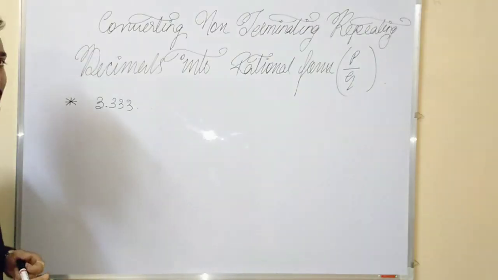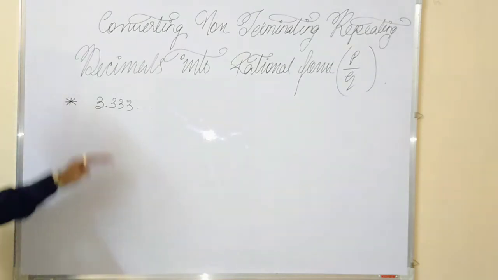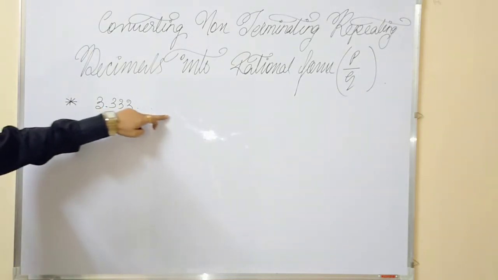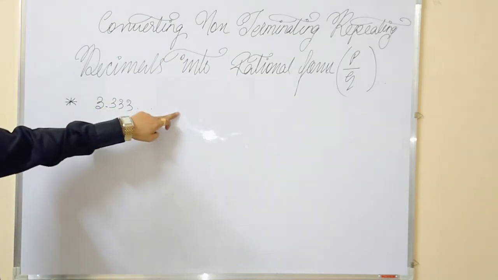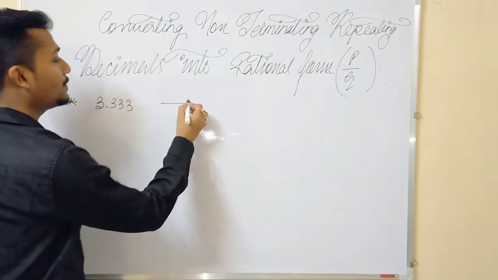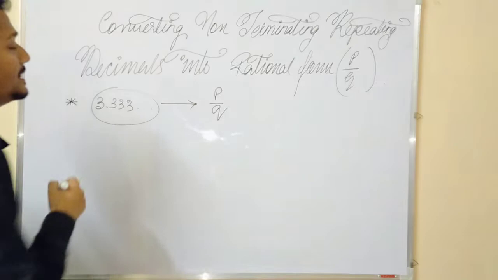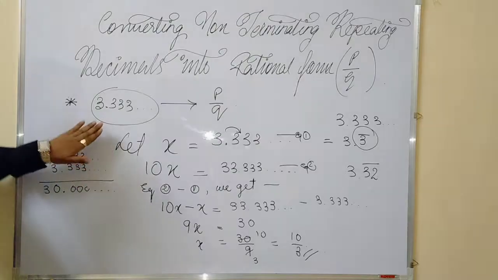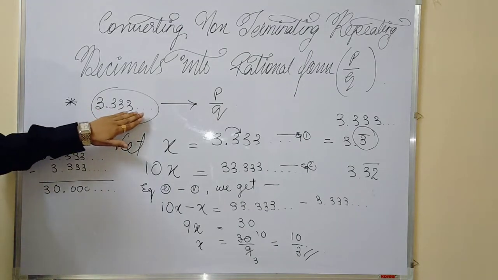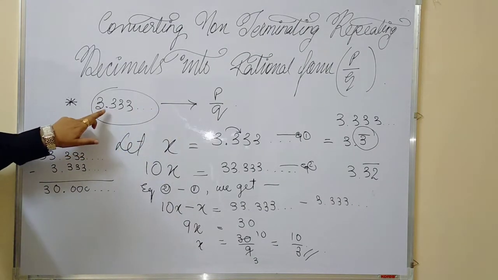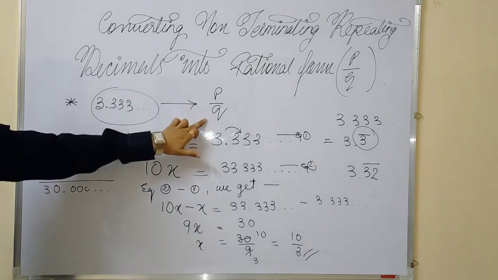So the first example that I am going to explain is 3.333 dot dot dot. Here, after the decimal, 3 is continuously repeating. So how do we represent this type of number in p by q form? We will try to rationalize it. Today we are doing how to represent 3.333 dot dot dot, that means 3.3 bar.